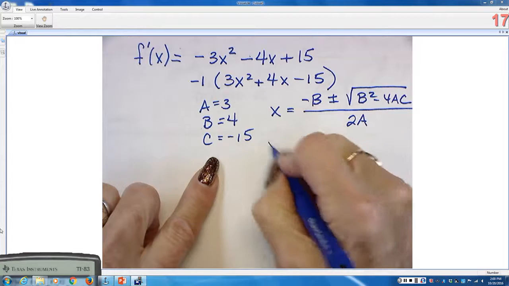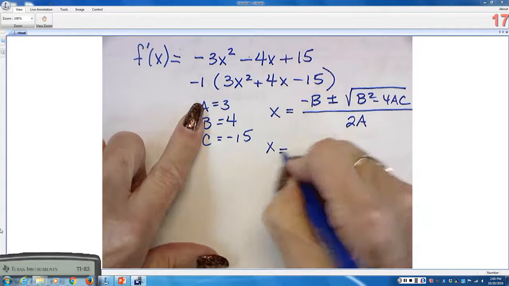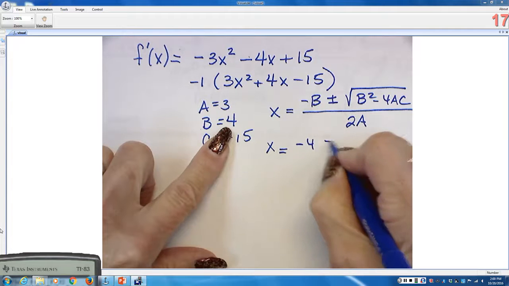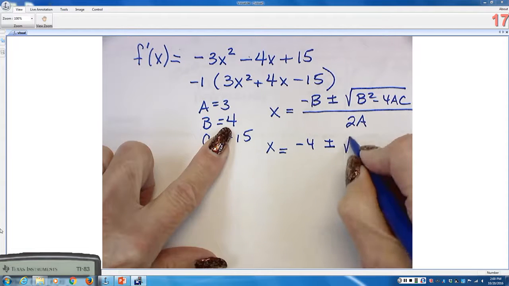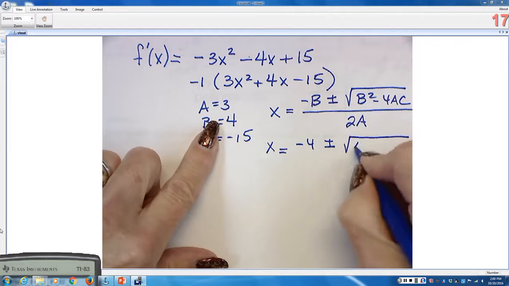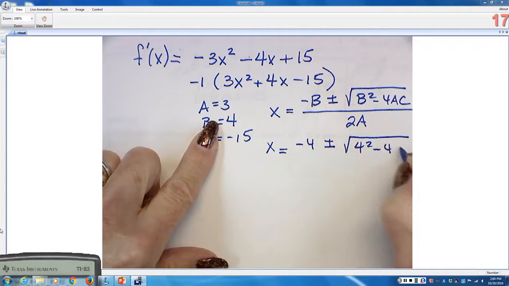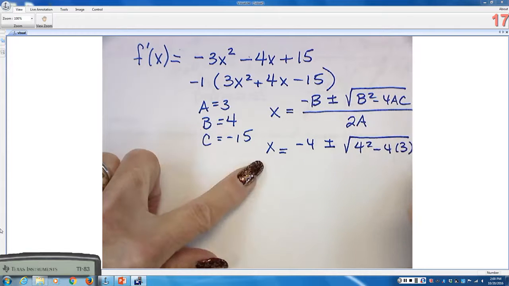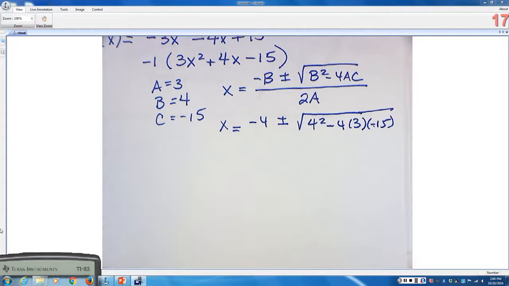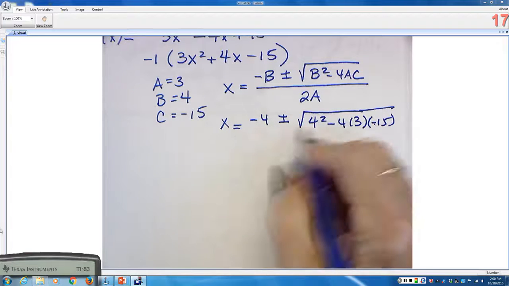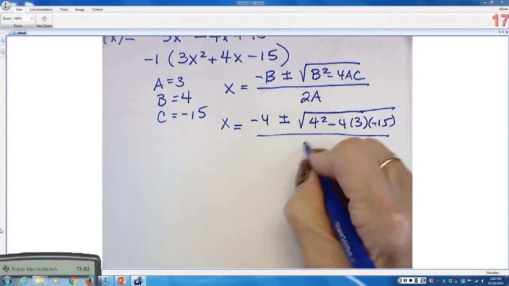And I'll just plug in. X is equal to -4 plus or minus the square root of 4 squared minus 4 times 3 times -15, all divided by 2 times 3.